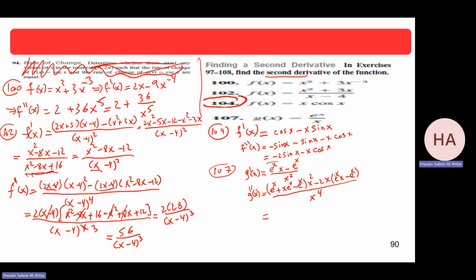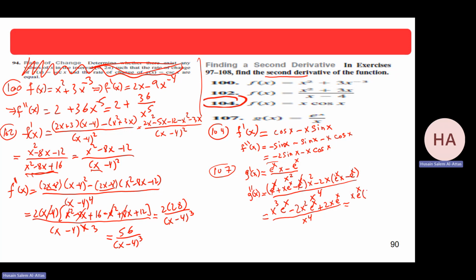And that will be what? This is cancelled. So I have x cubed e^x minus 2x squared e^x plus 2x e^x over x to the power 4. I can take x as a common factor from the numerator, and the remaining, I can take x and e^x also, actually. x and e^x are common factors.